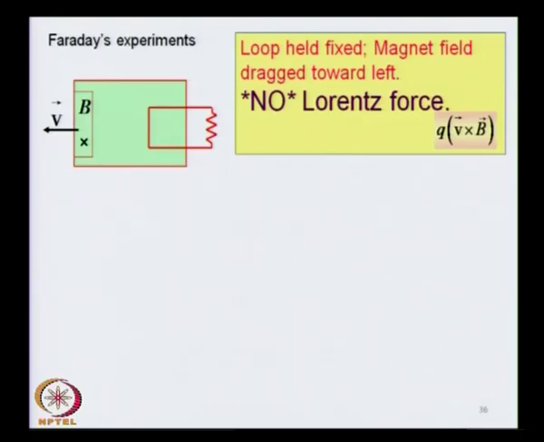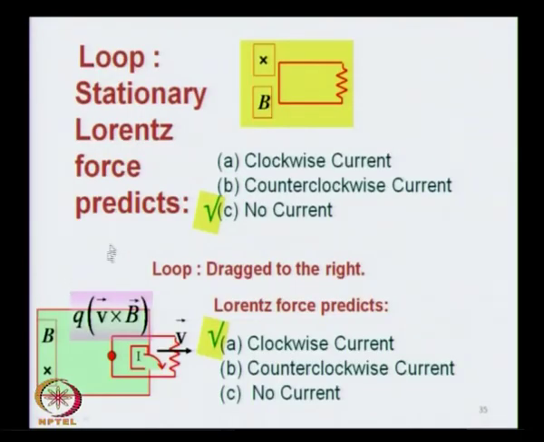And if you are not dragging the loop, this charge which had acquired a velocity v, why did it acquire that velocity v? Because this loop was dragged to the right. If this loop were not dragged to the right, it would not have any velocity. So, if that loop is static, there cannot be any V cross B term, because the velocity of the charge is 0, right.